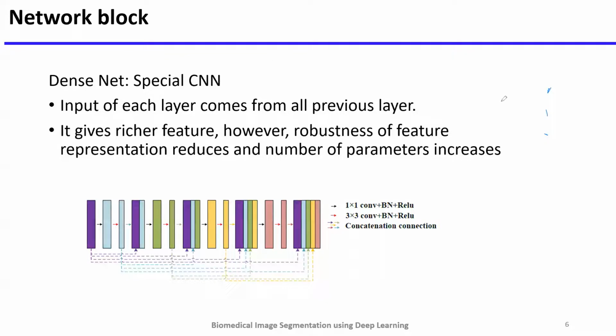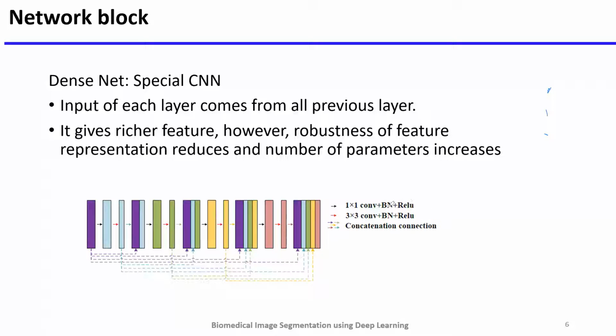But in the case of DenseNet, the idea is to connect the previous one, as well as, as you can see, this is a combination of 1x1 convolution and 3x3 convolution, batch normalization, and ReLU as the activation function.